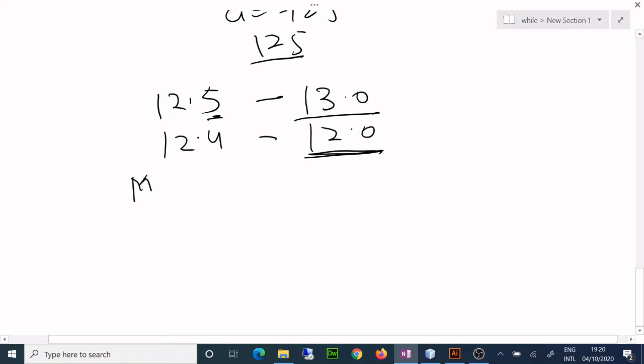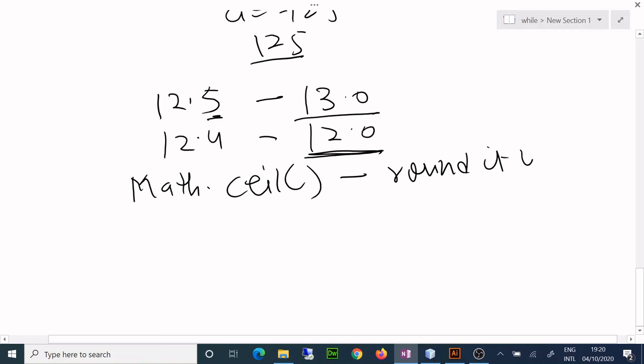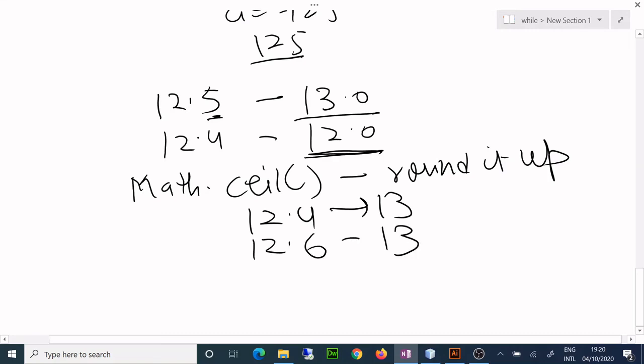If it is less than 5, then it is going to be rounded down. Okay, so the job of math.ceil is to round it up. Even if the value is 12.4, it will be 13. If it is 12.6, it will be 13.